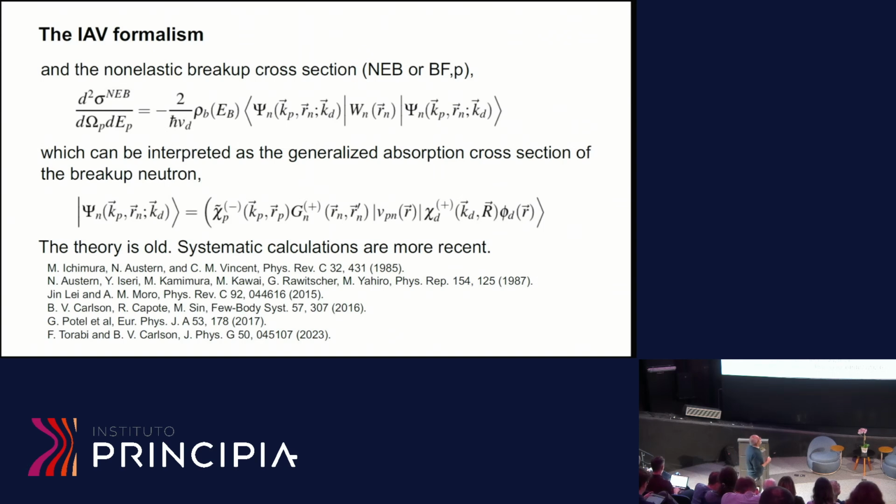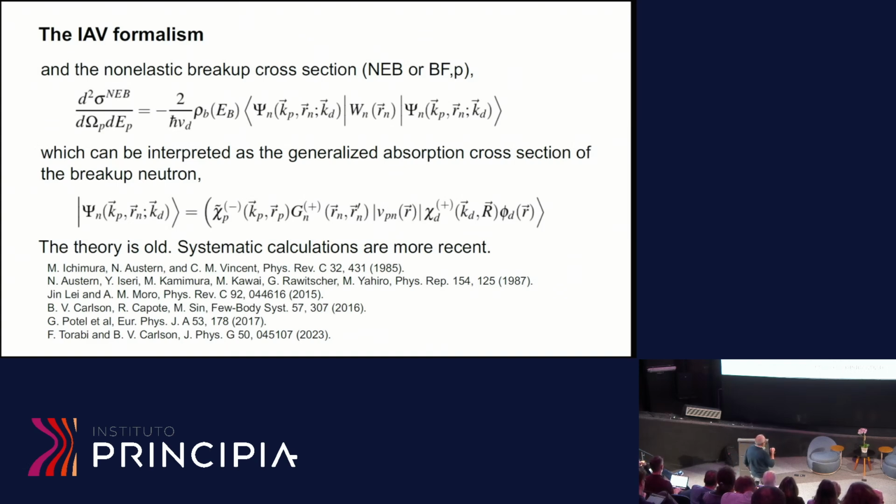And so what we have is a wave function, an average absorption cross-section for neutrons, where the neutron wave function is obtained calculating the breakup in which the proton is emitted and the neutron is propagated before it's absorbed. And so it's a very illustrative model in the sense that it lets you see things in terms of a breakup reaction where either the two are emitted or the one that you're not interested in is absorbed by the target.